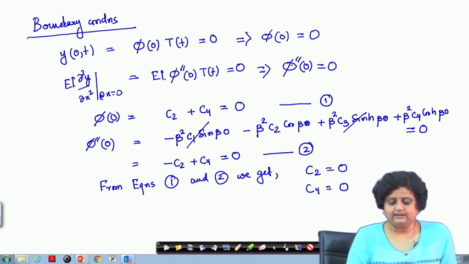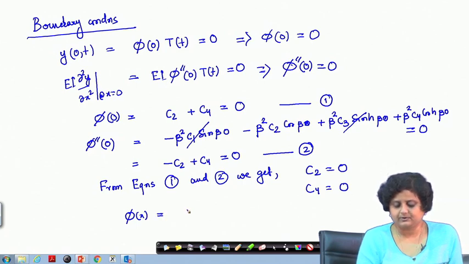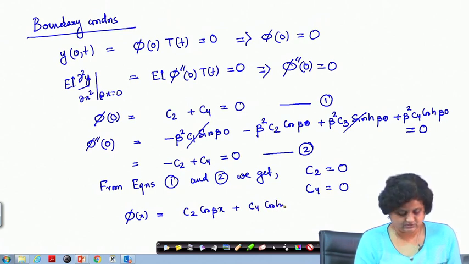So, we are left with, so my phi x turns out to be C2 cos beta x plus C4 cosh beta x.